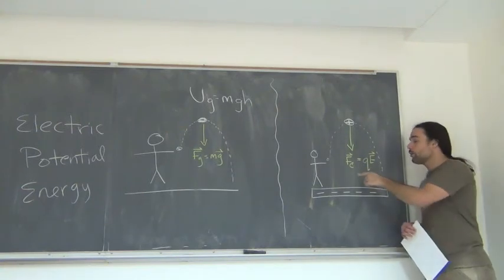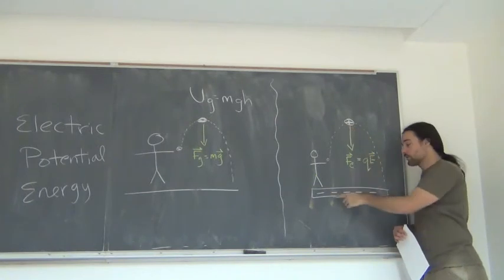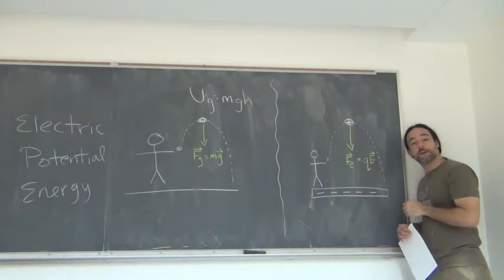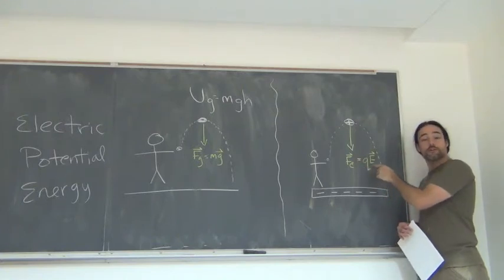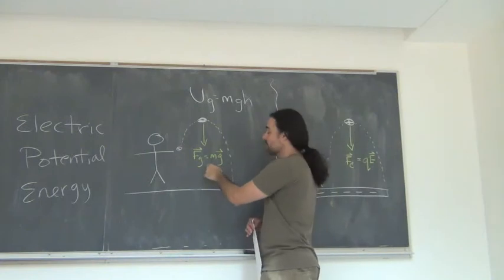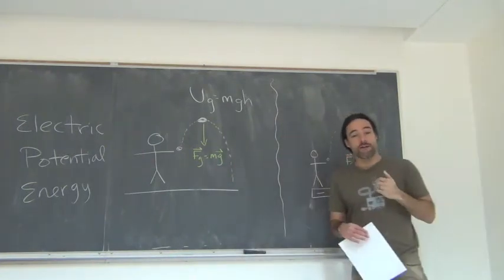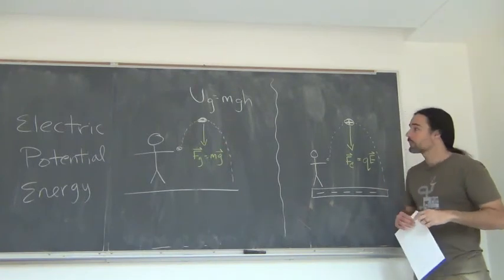We know that the positive charge is going to feel a force from the negative charges on the bottom, and that force is going to be equal to the charge times the electric field, in the same way that the gravitational force is equal to the mass times the gravitational field, or equivalently, the gravitational acceleration.